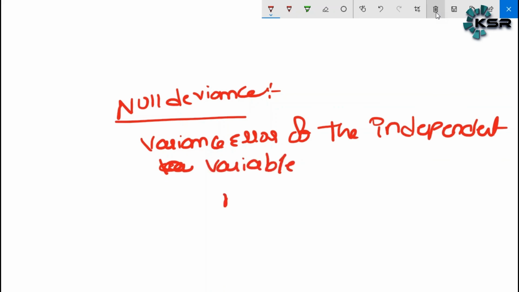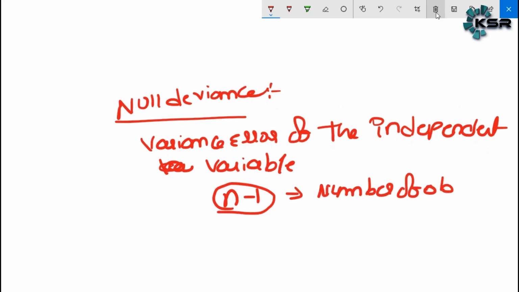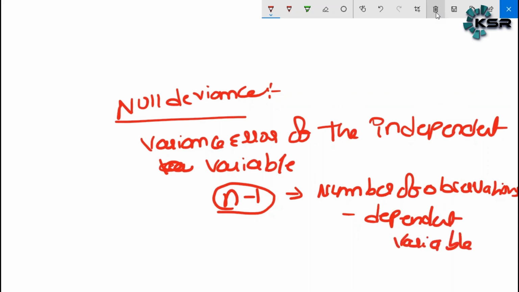The formula is n minus 1. N is the number of observations, minus 1 for the dependent variable. If only one dependent variable is there in our model, all the remaining are independent variables. So the formula is n minus 1.